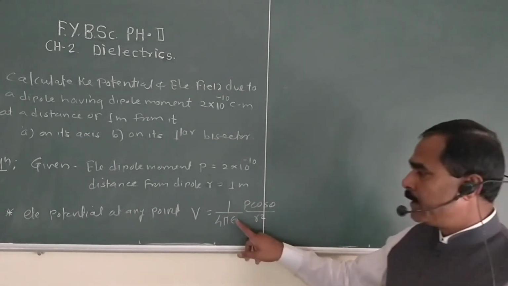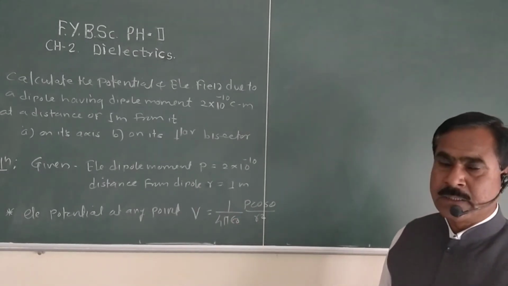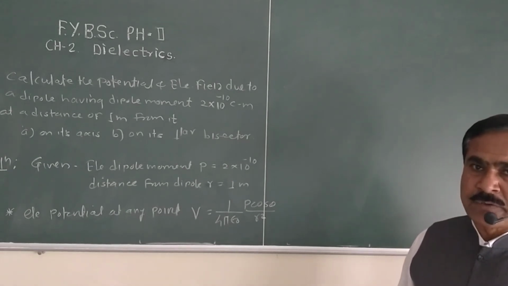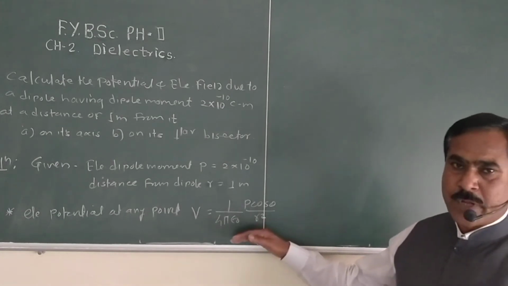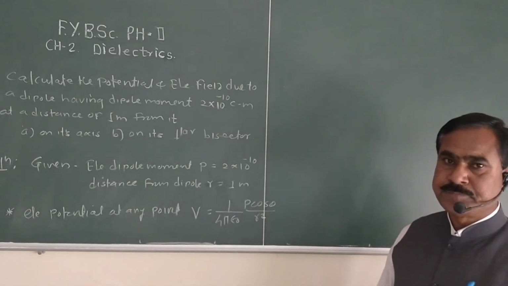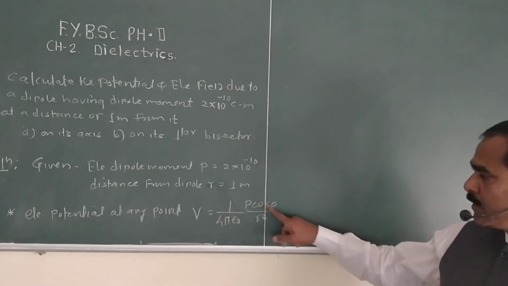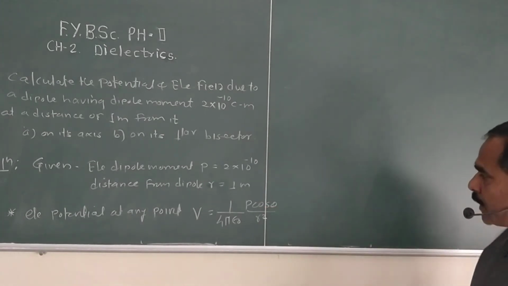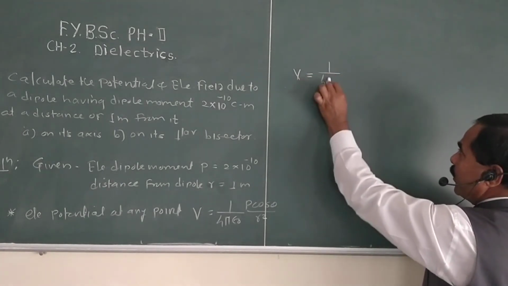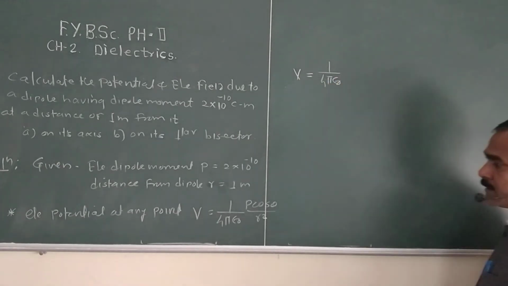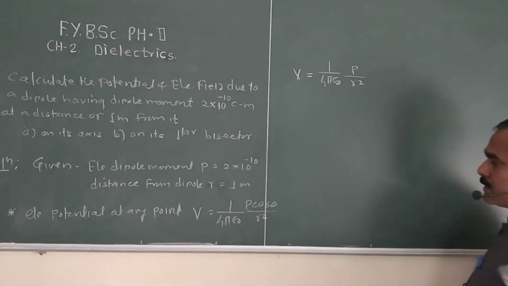Okay, then first we have to calculate the electric potential at a point which is on the axis of dipole. When we take the point on the axis of dipole, then what happened? The value of theta is 0. Then cos 0 is 1. Therefore, we take V equal to 1 upon 4 pi epsilon naught P upon R square.